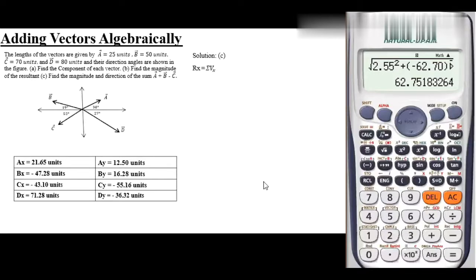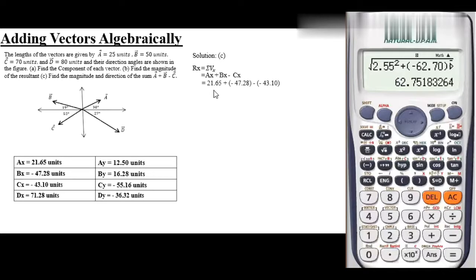For letter C, find the magnitude and direction of the sum A plus B minus C. So same process, we need to calculate all the x components along the x-axis, including Ax, Bx, and Cx. Hindi na po natin isasali si Dx. So that is Ax plus Bx minus Cx.